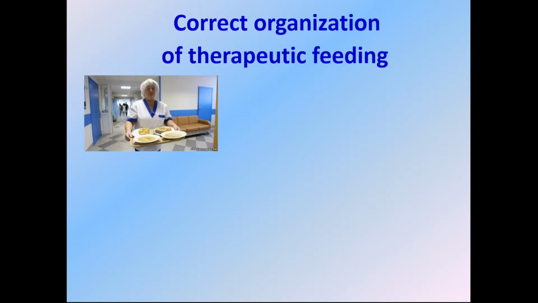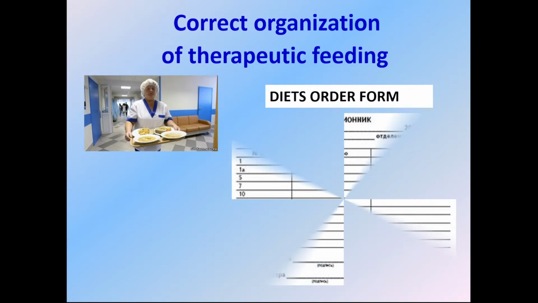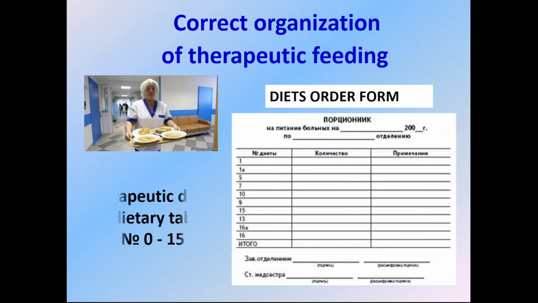To organize feeding in a therapeutic or any other department, there must be a special diet order form, which is written by the direction of the doctor, and we distinguish therapeutic diets or dietary tables. In some countries, it may be regulated.